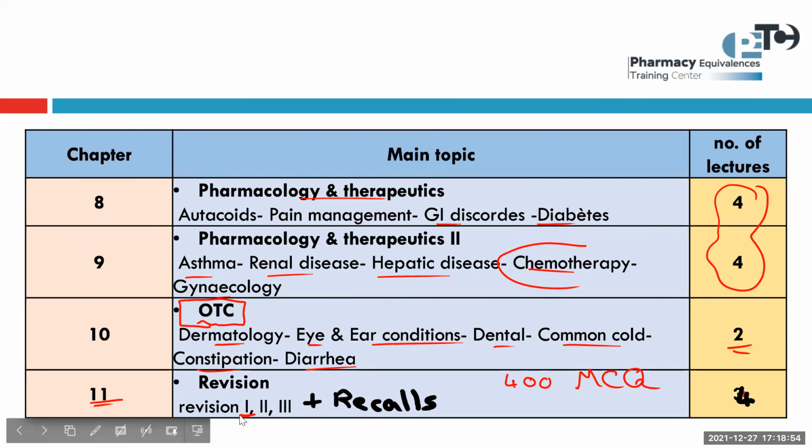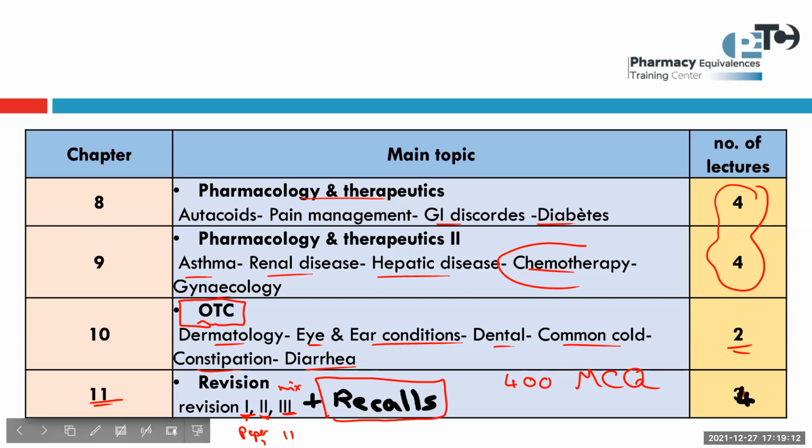The first revision for paper 1. Second revision for paper 2. Third revision is a mix between paper 1 and paper 2. Fourth revision, which is the most important one.